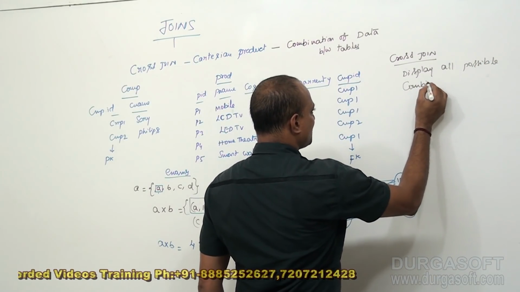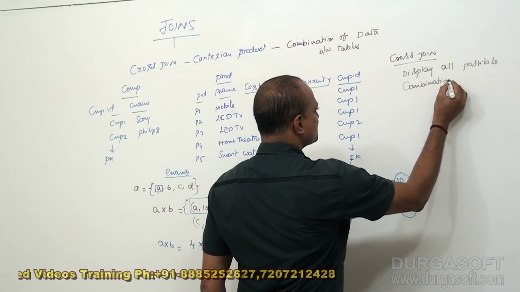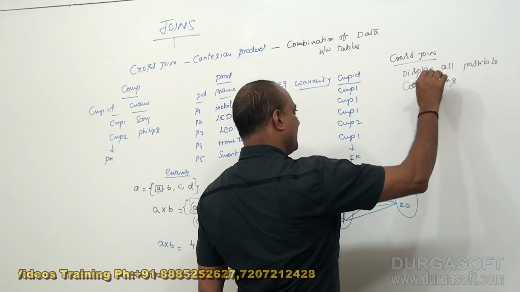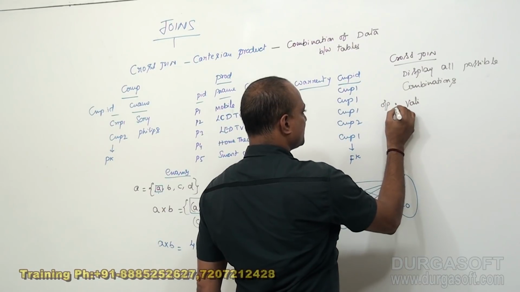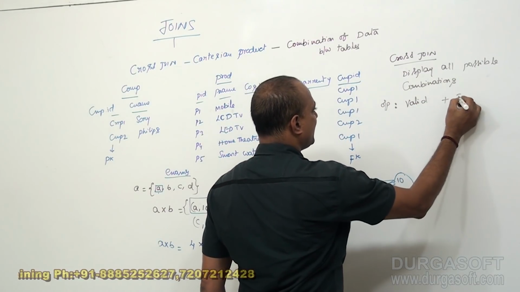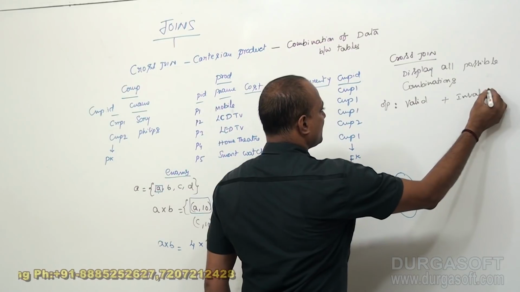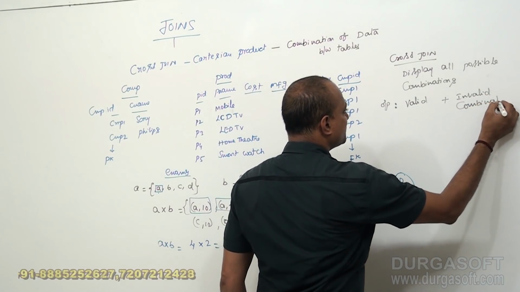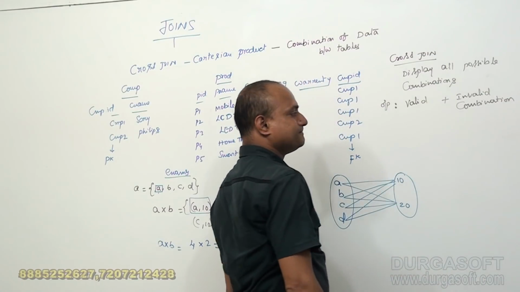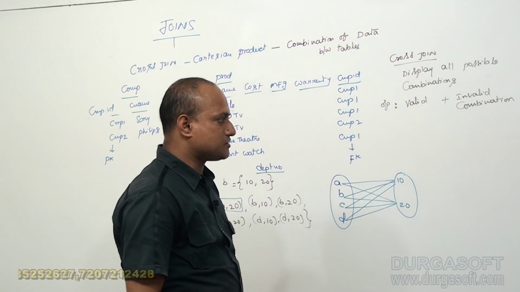But in these combinations, some combinations are valid and some are invalid. So finally in your output you have valid plus invalid combinations. So how can I get only valid combinations? By using Equijoin.